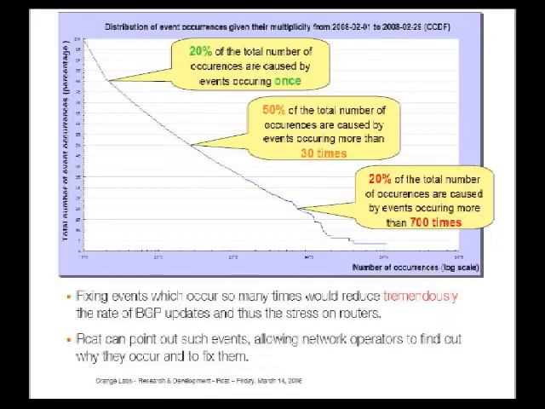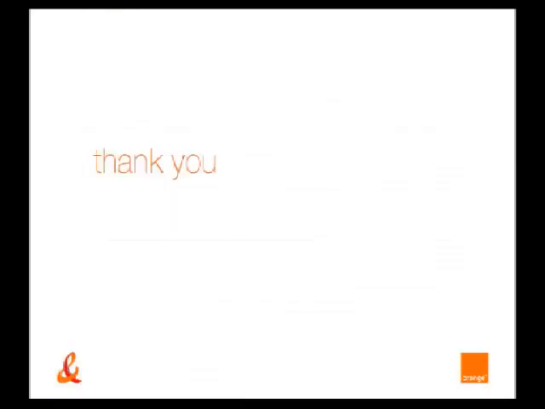But the point is that today with Rcat, you are able to see such events, and then you're able to investigate and find out why they occur and fix them. And therefore, maybe we're going to succeed in pacifying the inter-domain. I thank you. Do you have any questions?